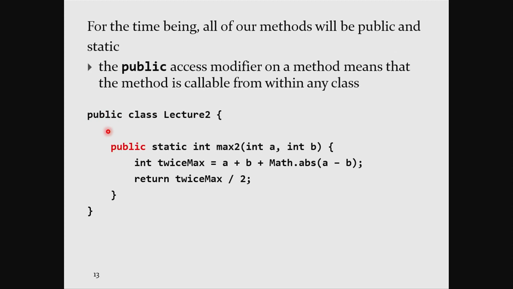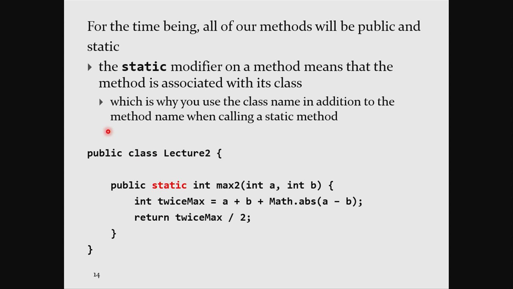Also for the time being, all of our methods are public and static. The public access modifier on a method means that the method is callable from within any other class, including lecture2. Anybody that can see the lecture2 class can also see the method max2. And the static modifier means that the method is associated with the class. So static means max2 belongs to the class lecture2.